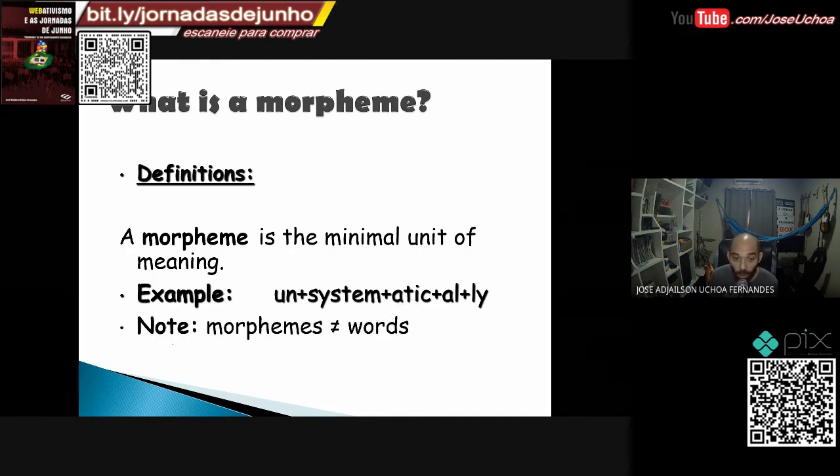So as I said, morphemes are not words. Why not? Because unsystem is not a word, but I can form unsystem if I need to put unsystem together before I make the word unsystematic or unsystematical. Okay, so morpheme is not a word.